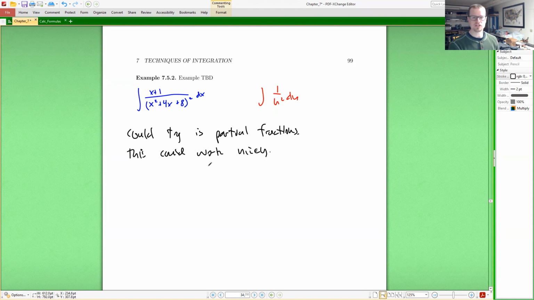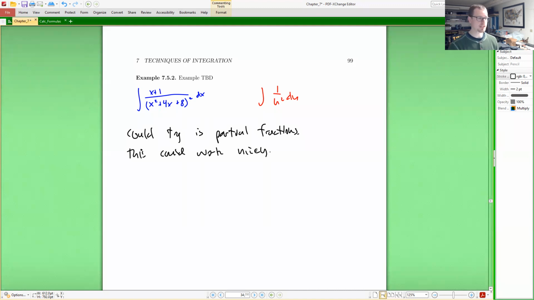The other thing that you can try is recognizing that no matter which way you go, you're going to have to deal with this denominator. So you could use something a little bit different. And actually, let's follow through with our strategies for integration. So we try integration by using partial fractions. It could work.